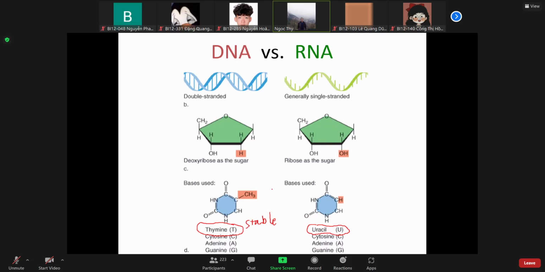duplicate the information. However, if the thymine goes outside of the nucleus, so this is the nucleus, thymine is quite stable inside the nucleus, but when it gets outside into the cytoplasm, it is quite susceptible to oxidation in the cytoplasm. As a result, thymine would easily be destroyed outside of the nucleus region.